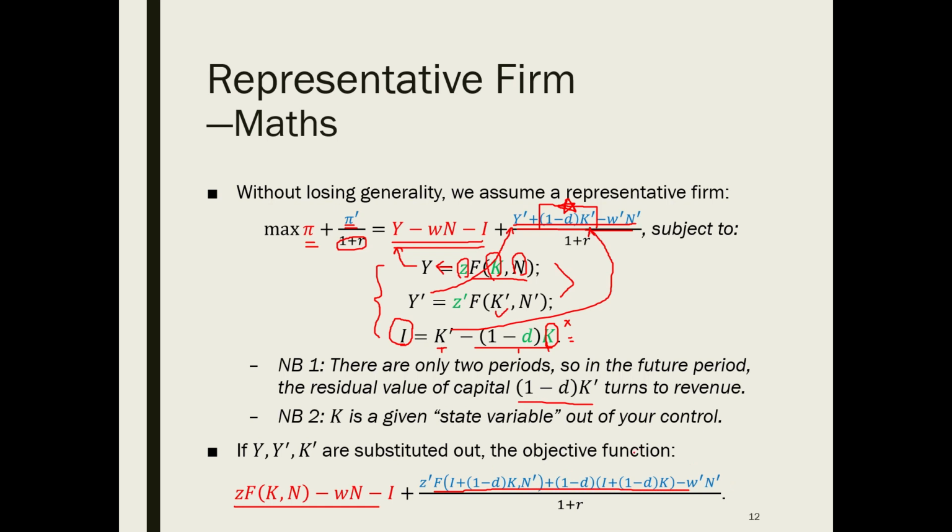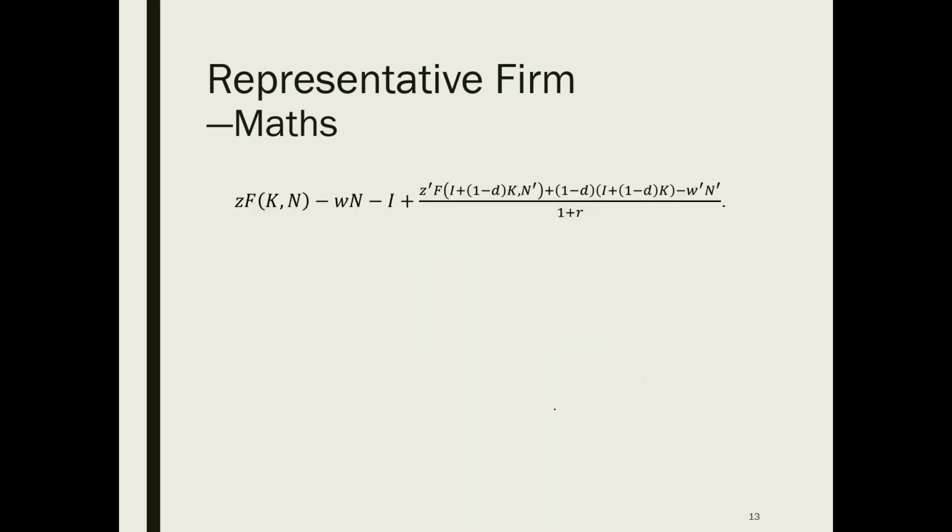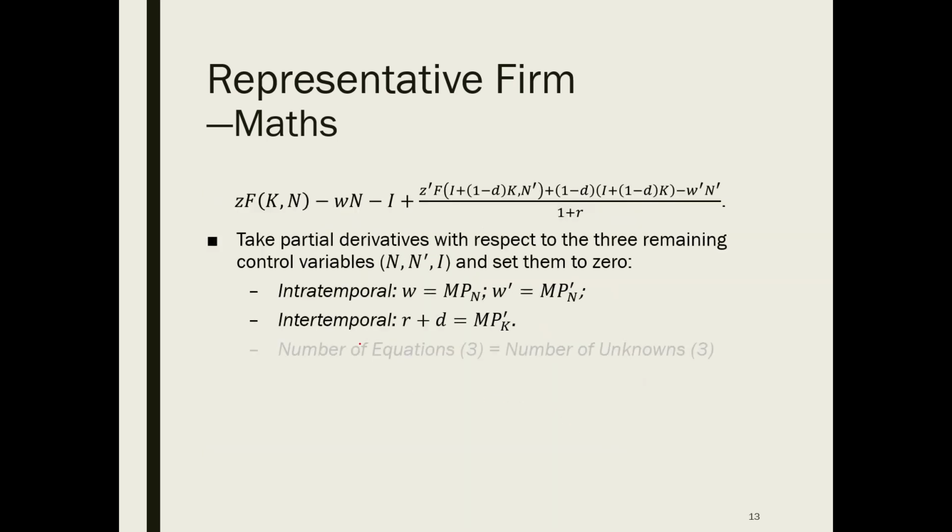After substitution, we have three endogenous control variables left: labor demand in the current period, N, labor demand in the future period, N prime, and investment, I. What makes the optimization problem dynamic is investment, I, because it affects both today's profit negatively and tomorrow's profit positively.